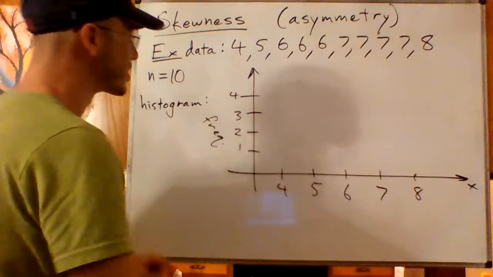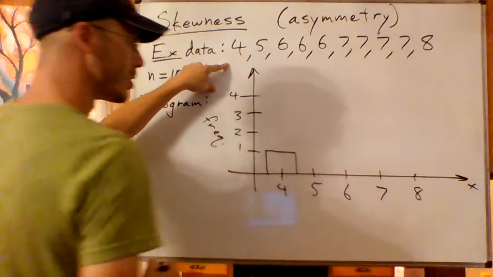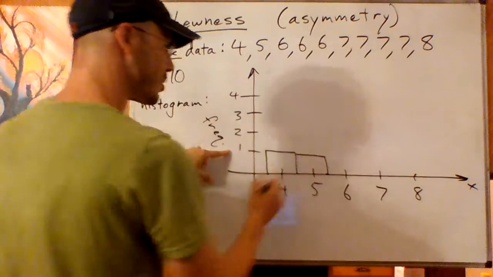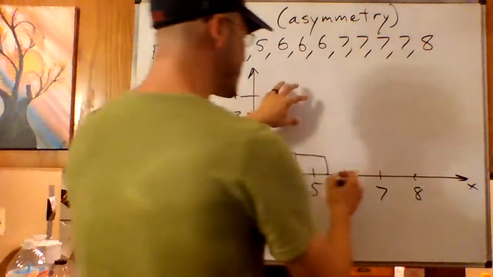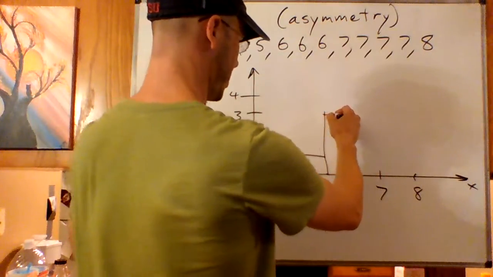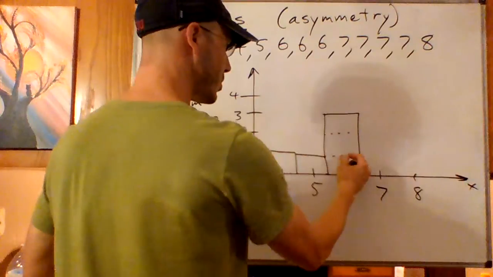All right, so let's build this. There's 1, 4, so I'm going to make the 4 block go up to 1. There's 1, 5, that's going to be the same height. There are 3 6s, so they'll need to go up to about there. 1, 2, 3, yeah.